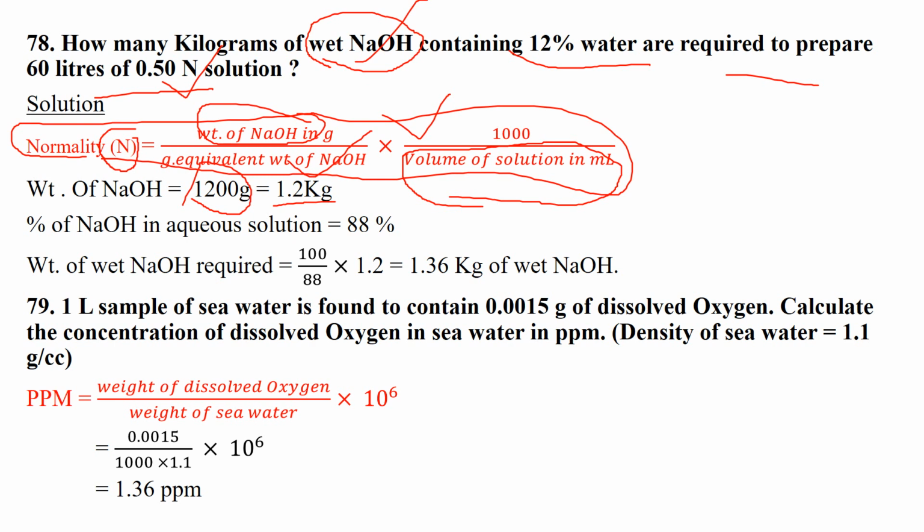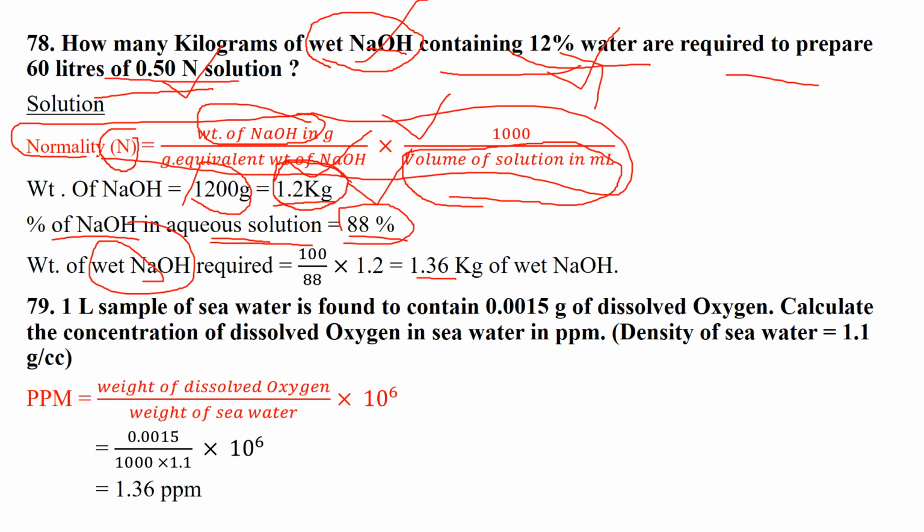Then the percentage of NaOH in the aqueous solution is only 88% because 12% is water. This wet NaOH contains 12% water. Then the weight of NaOH in aqueous solution is 88%, right? Then the weight of this wet NaOH which is required is 1.36 kg. Remember, if NaOH is in powder form, containing only NaOH and no water, then 1.2 kg is sufficient to produce 60 liters of 0.50 normal solution.